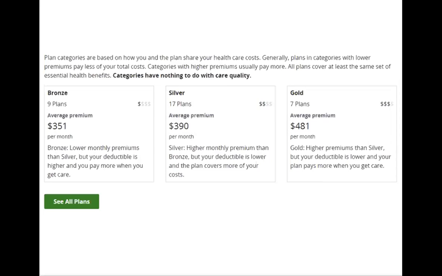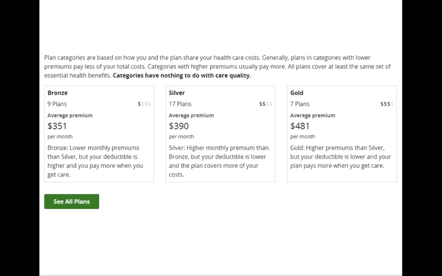And so this is what came out for me. So they gave me 3 options: bronze, silver, and gold. For these 3 options, the first thing that they tell you is what the premium is per month. And as you all should know at this point, the premium is what you pay to get the plan, as well as what you have to pay monthly to keep it going.